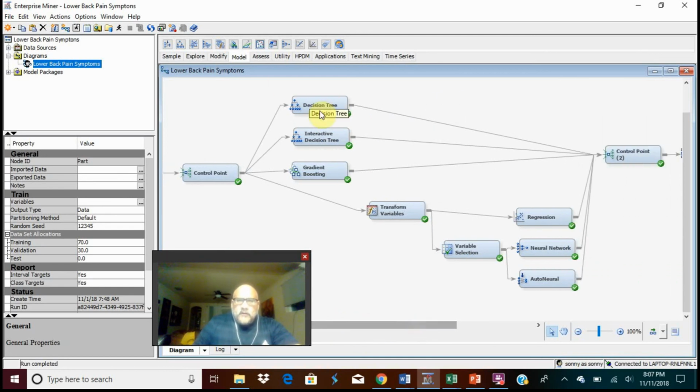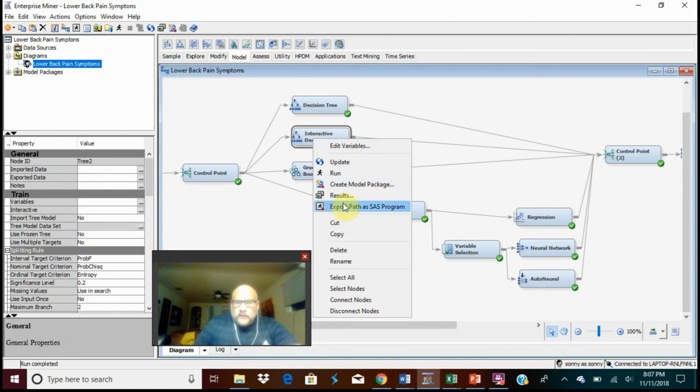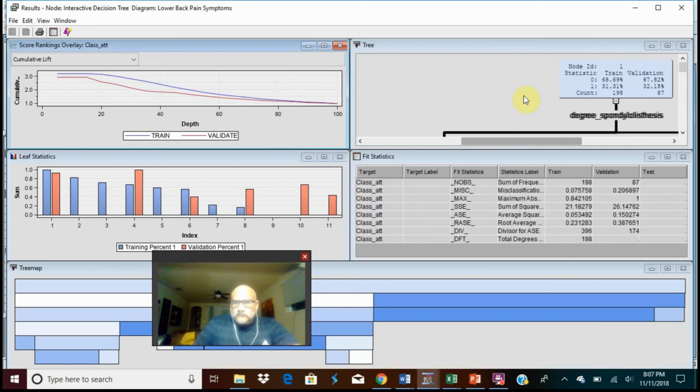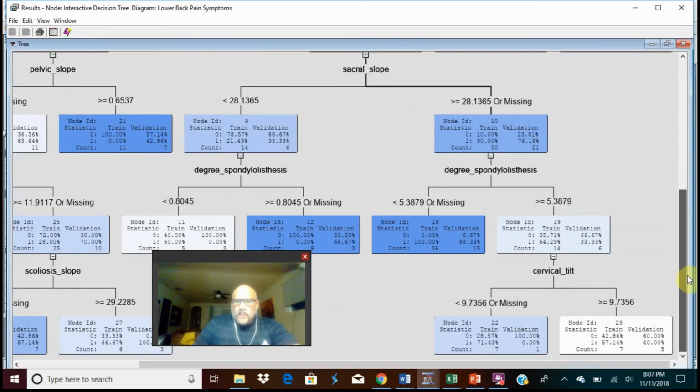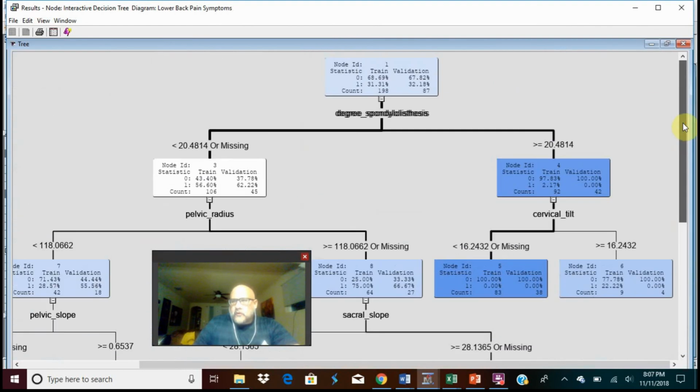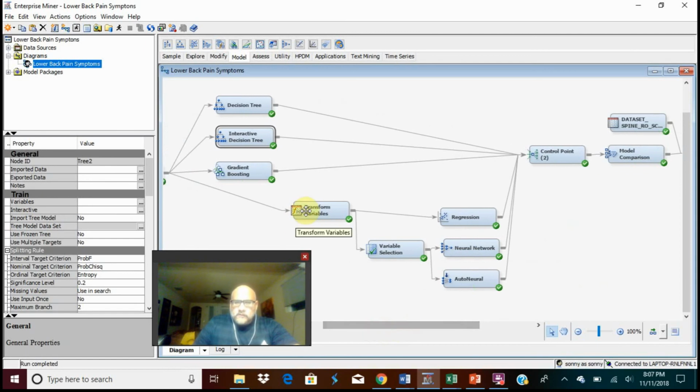And then here you can see the decision tree, the interactive decision tree, with all the different nodes. I believe this has 21 nodes in total. And then I transformed the variables.